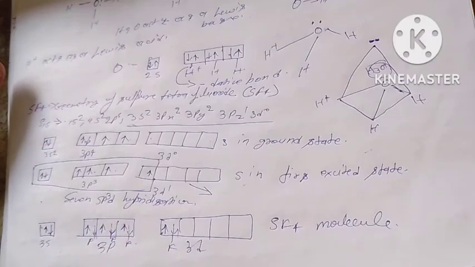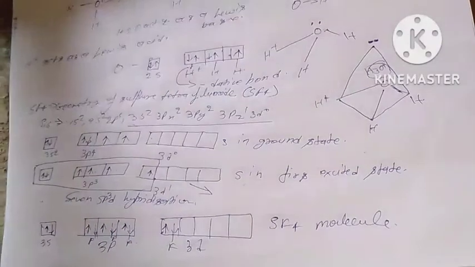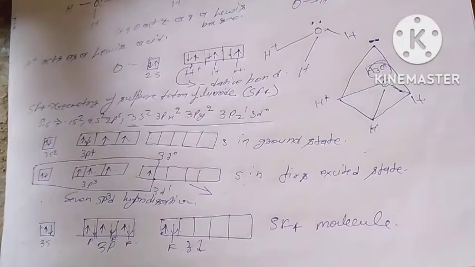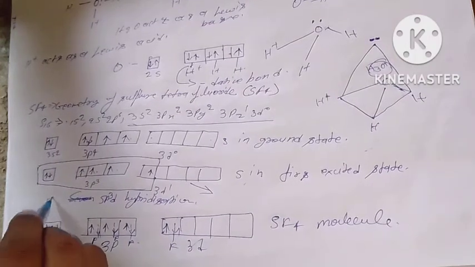Sulfur has 4 half-filled orbitals and 1 lone pair in its first excited state.